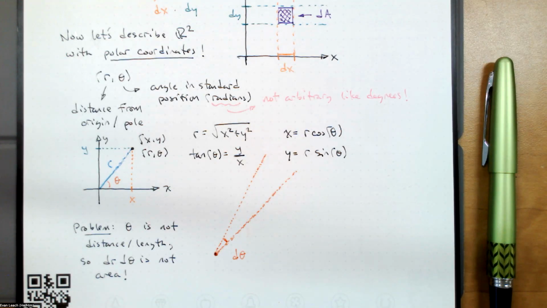Notice that if I have a d theta, when this spreads out over a bunch of r's, the farther we are from the origin, the bigger that length is going to be. And it's going to be curved.